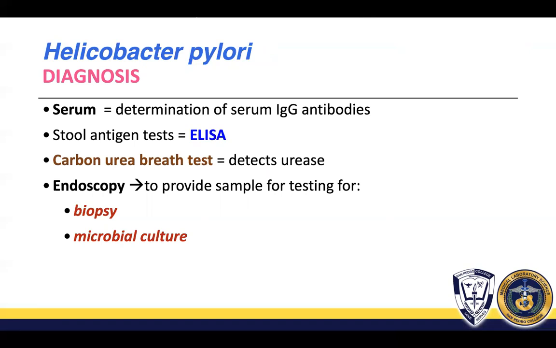This is usually done to confirm Helicobacter colonization and to monitor the treatment for H. pylori, so the breath test is commonly done for that. Endoscopy is also done to gather samples for biopsy, and to collect specimens for testing and microbial culture.